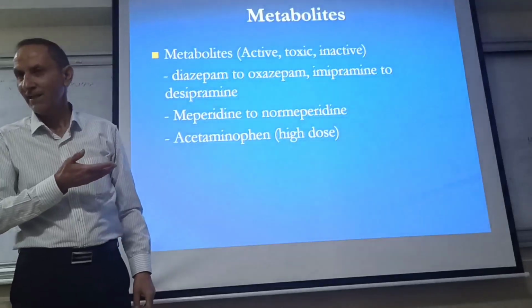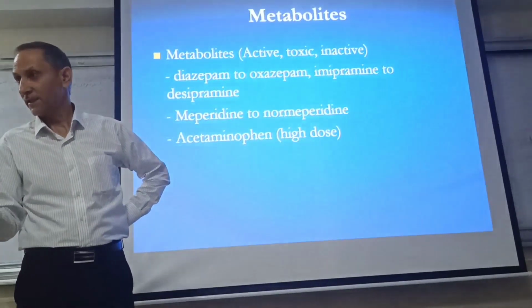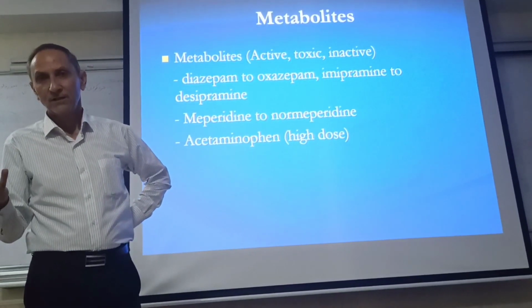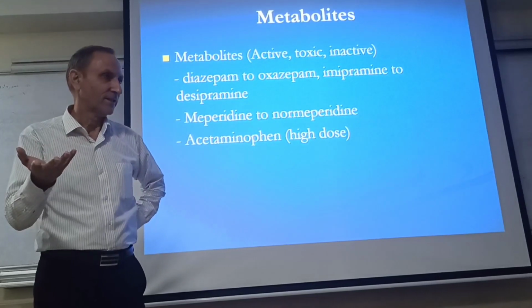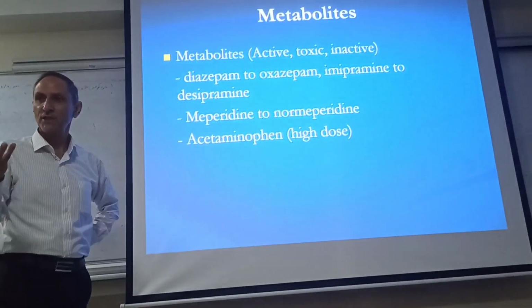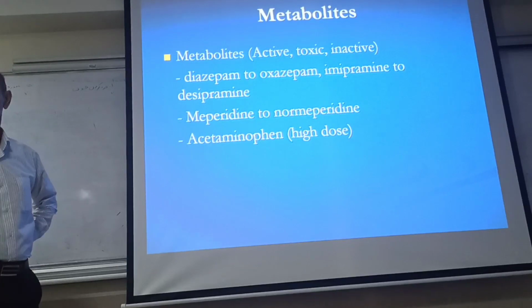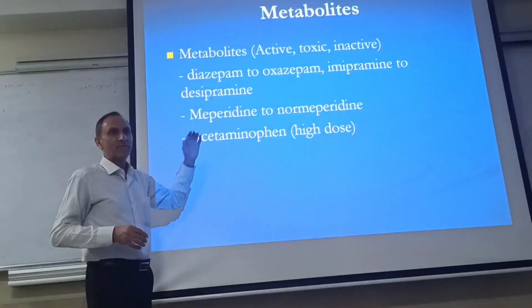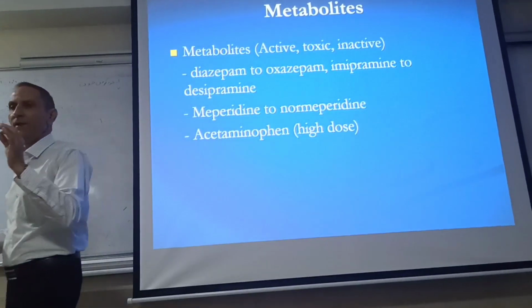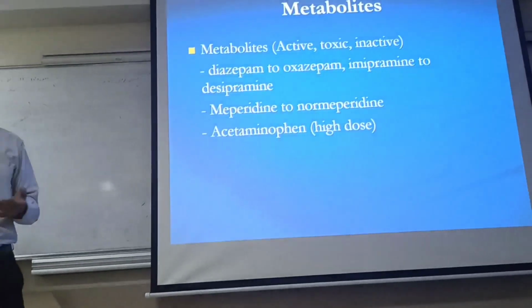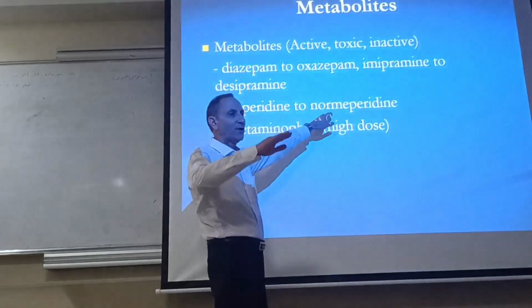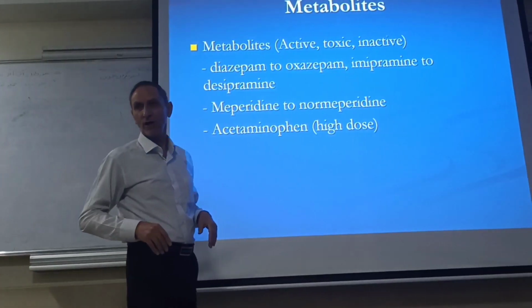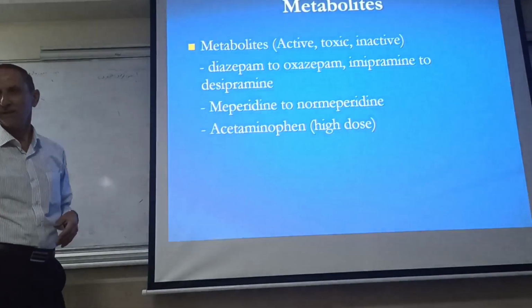So we say that this is toxic. It causes convulsion. It causes seizure. Okay? In cases of renal insufficiency, this metabolite may accumulate in the blood and cause toxicity.